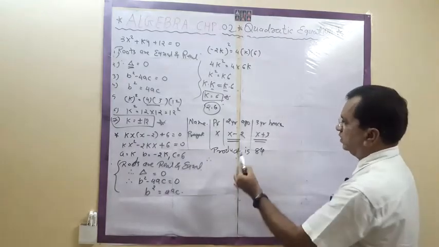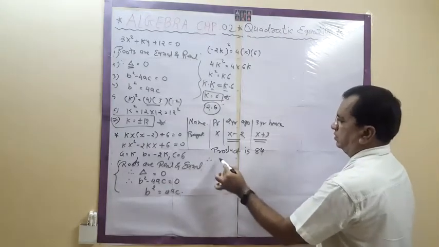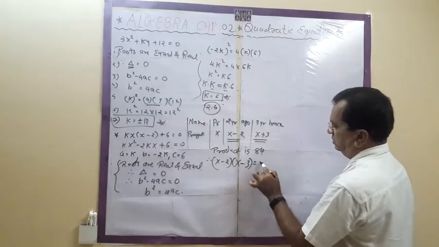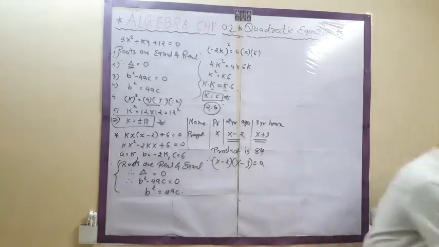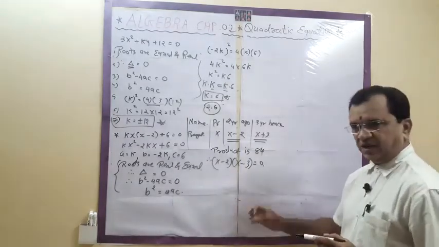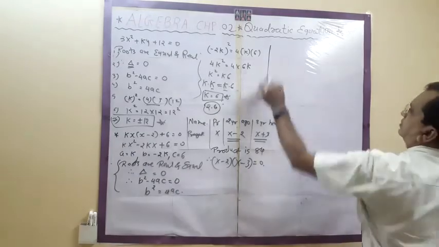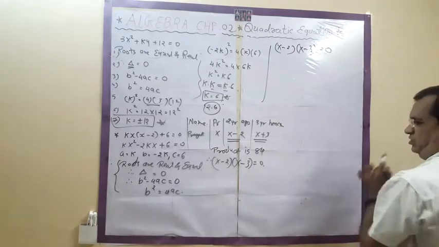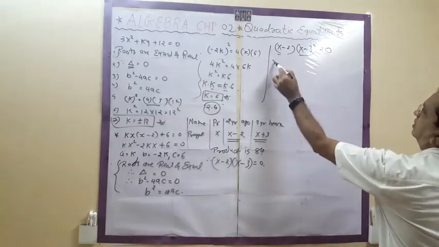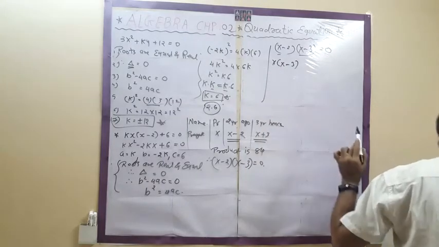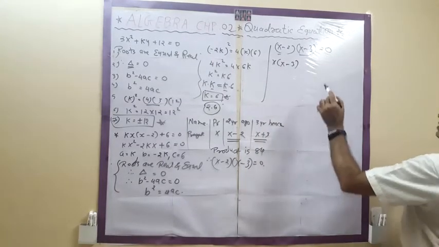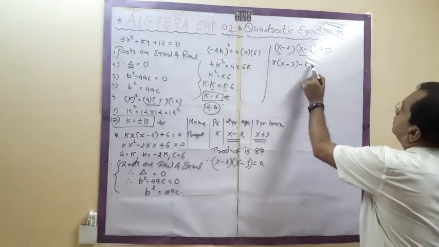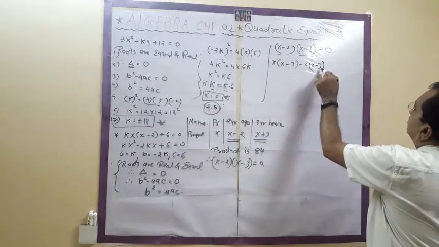Therefore x minus 2 times x plus 3 is equal to 84. There are two methods, so I will leave this space for a shortcut method. First, the regular method: multiply x minus 2 by x plus 3.